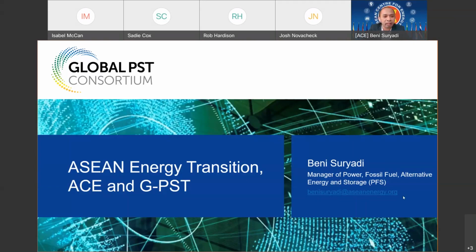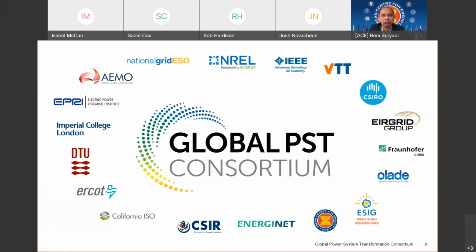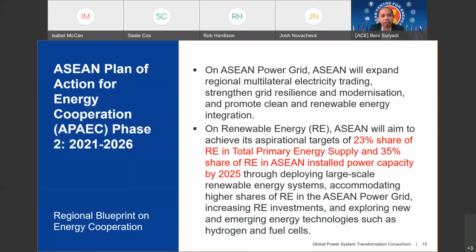For the next few minutes, I would like to brief about the energy transition in ASEAN, ACE, and the G-PST. Next slide, please. Next slide. Our collaborative effort in this region, an integrated activity of the 10 countries in Southeast Asia, is guided by a regional blueprint on energy cooperation called the ASEAN Plan of Action for Energy Cooperation, or APAEC for short.